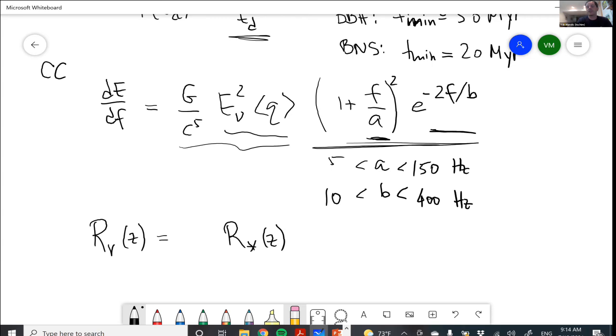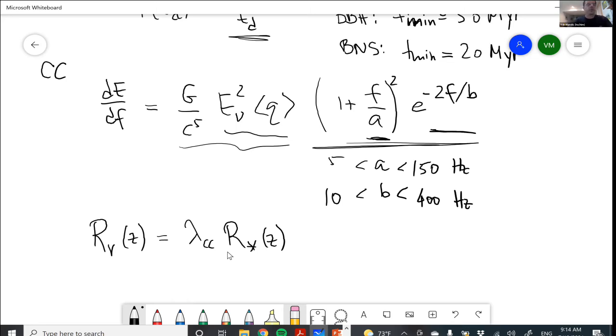No delay in this case because the stellar lifetime for these objects is relatively small compared to the cosmological timescale, so we don't need to worry about time delays. But we do need to put in some sort of a scaling factor, and we could put in a lambda_CC here to tell us what fraction of the stars that are being formed end up going through the stellar core collapse process.